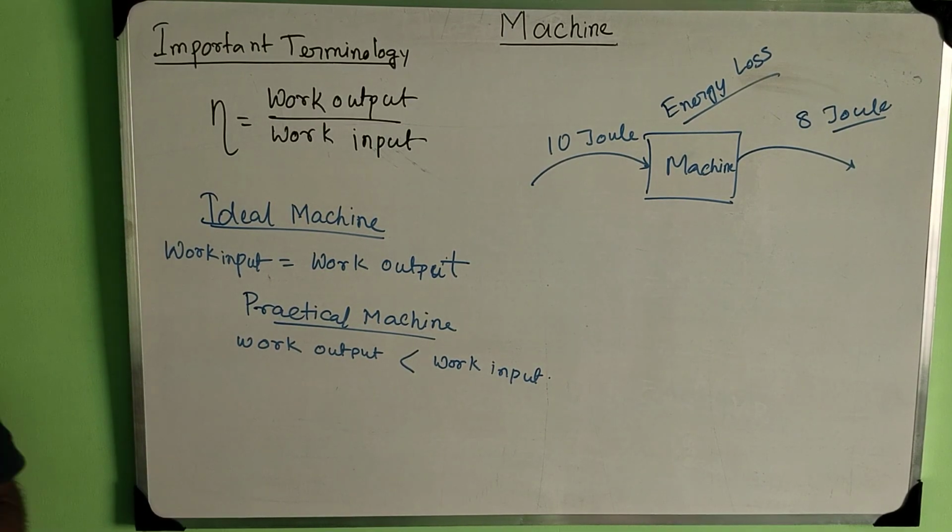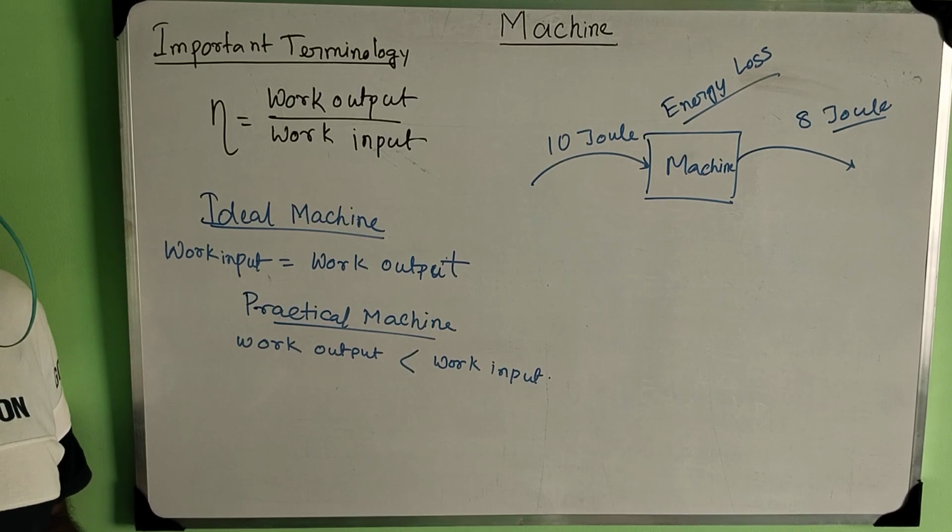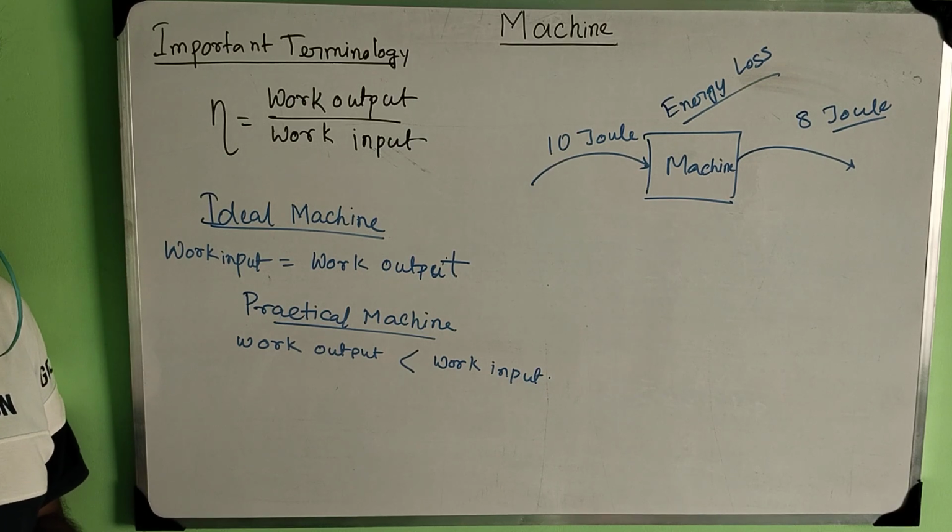Now the question may arise in your mind: the machines which act as a force multiplier actually multiply the force. Suppose we are giving a small amount of effort, but the car, a huge load, is being lifted. Then how is less work done there?